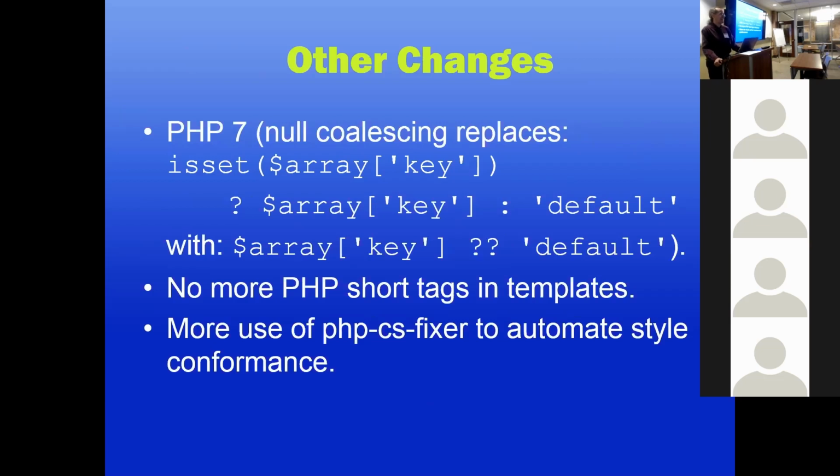And much as I hate adding 3 bytes all over the place, I was sort of pushed over the edge into making this change by the fact that newer versions of Linux are now shipping with PHP FPM, the fast CGI process manager, as the default way of running PHP instead of running it through mod Apache. And this makes it difficult to turn on short tags in a conditional way.